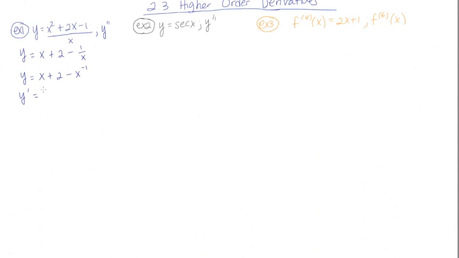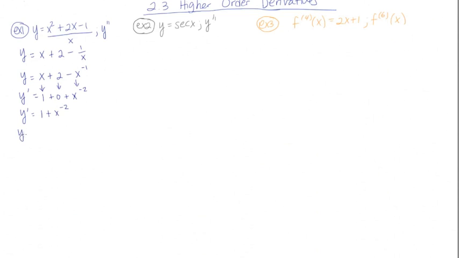The derivative is going to be 1 plus 0 plus x to the negative 2. Cleaning that up, we're left with just 1 plus x to the negative 2. The 0 doesn't really contribute anything.